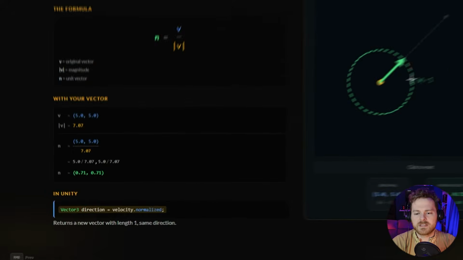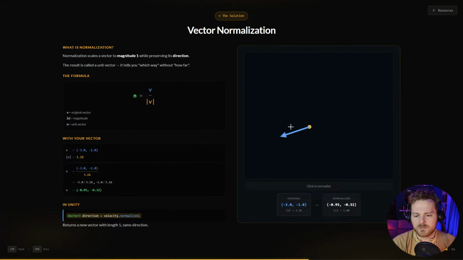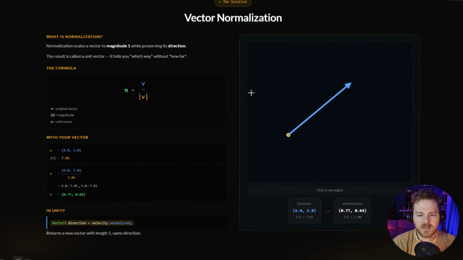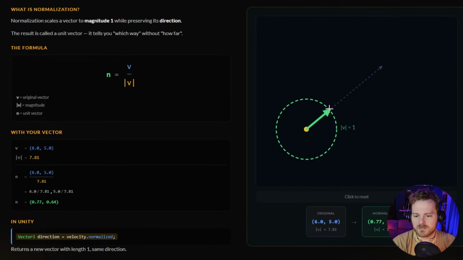From the mathematical point of view, it's pretty straightforward. Let me just draw a vector and normalize it. Now, at the very top, you see in this simple formula, we have our vector divided by its magnitude. That's how we mark the magnitude.